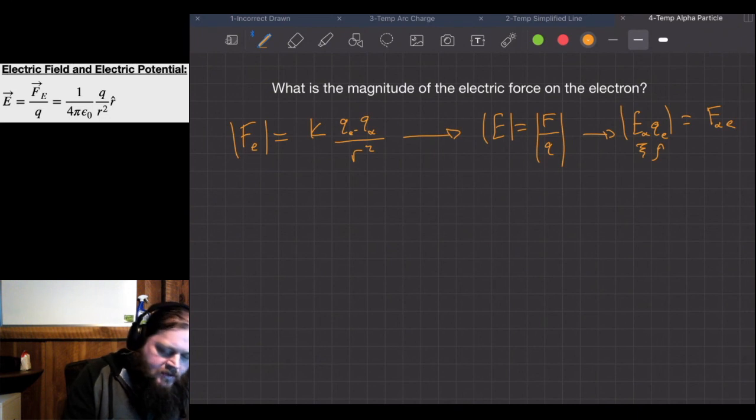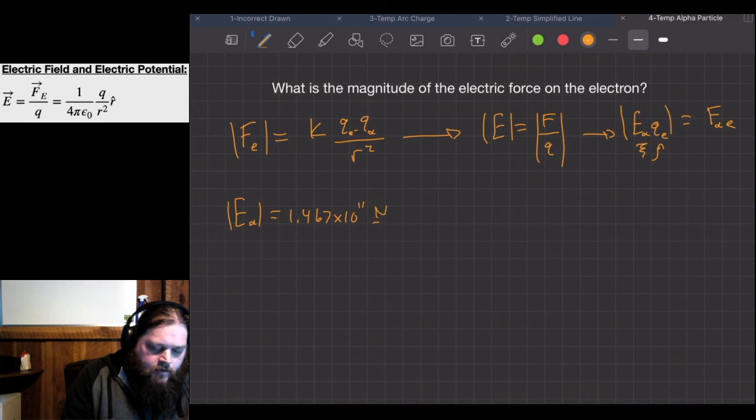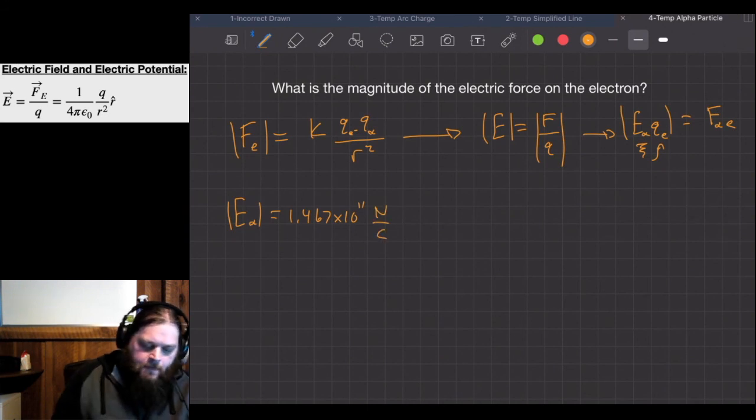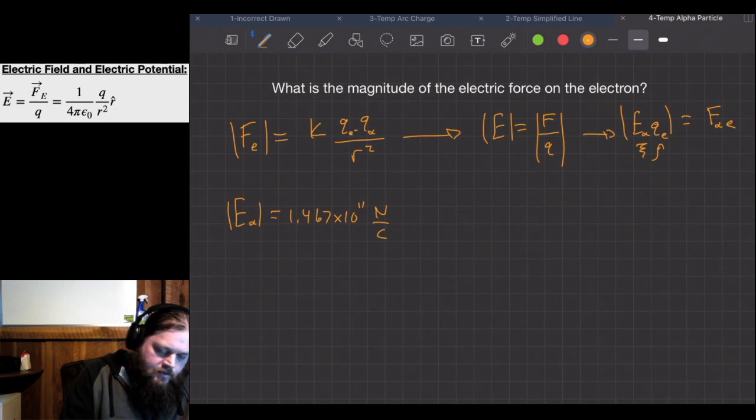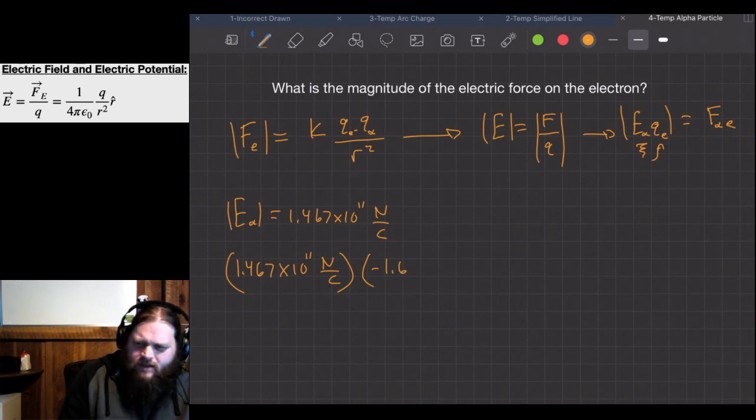So we said that the magnitude of the electric field of an alpha particle was 1.467 times 10 to the 11th newton per coulomb. So we multiply that times negative 1.6, and it's negative because it's a negative charge.